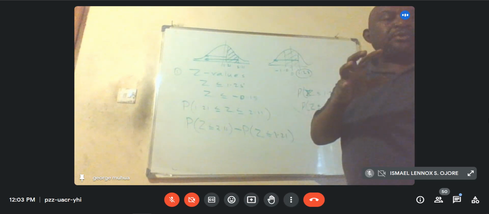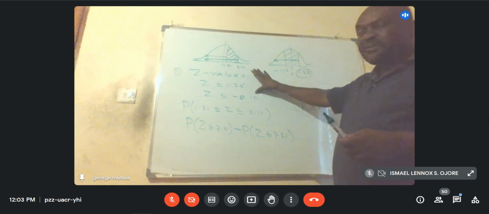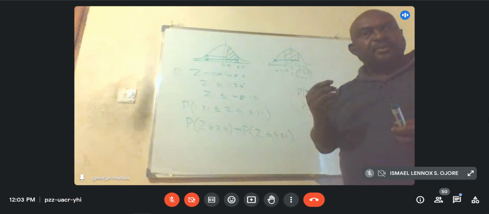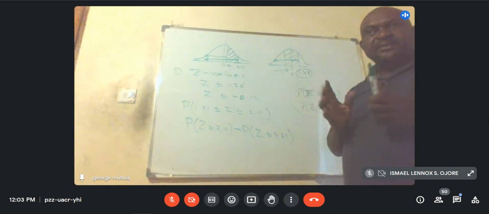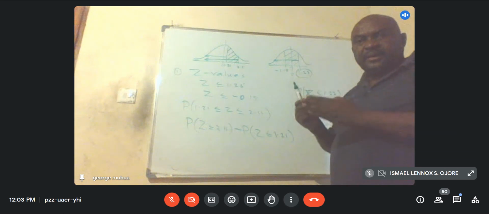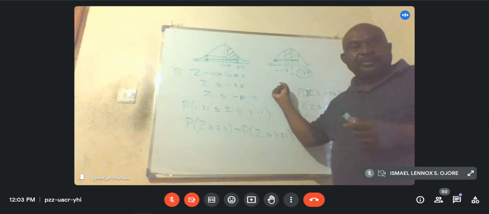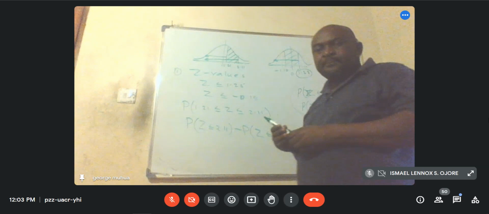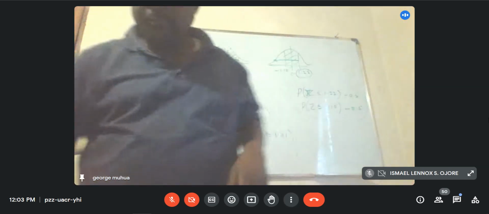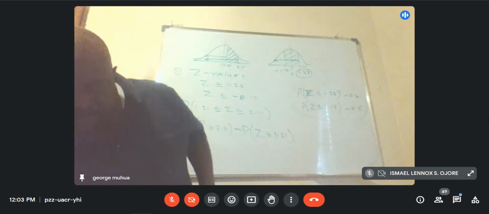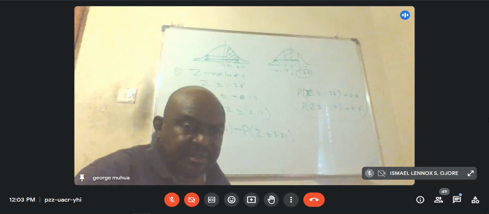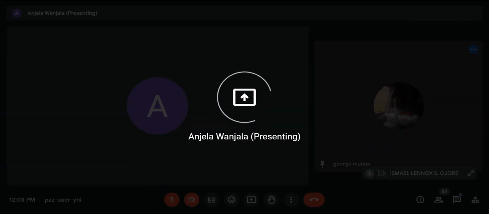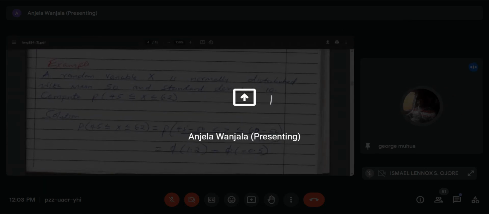We have to standardize them, change them to Z, that is why she's talking about X minus mu over sigma. That is standardizing, changing that X to Z. And once you've changed it to Z, then is when you can go to the tables. Sorry for that. I just wanted to clarify that so that they understand what we are trying to do.